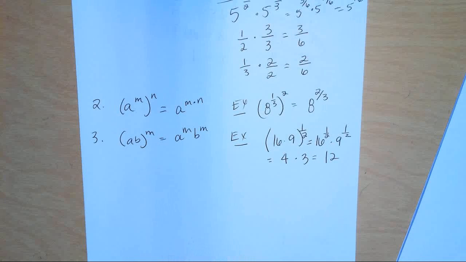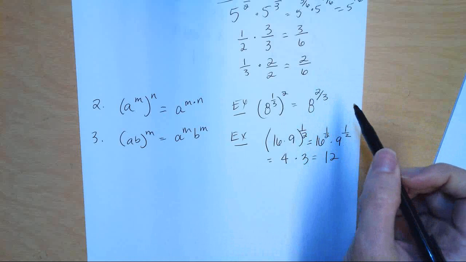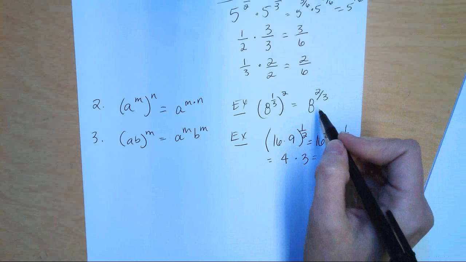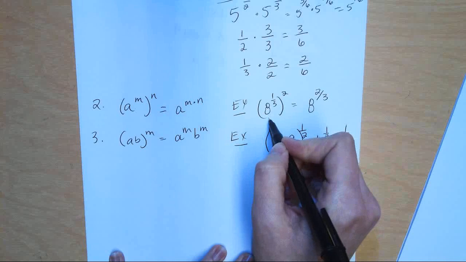So yesterday we learned that the half power is the same thing as the square root. So why would we use that for number 2? Well, actually we could. I don't know why we didn't. If we go back to here, what's the cube root of 8? 2.